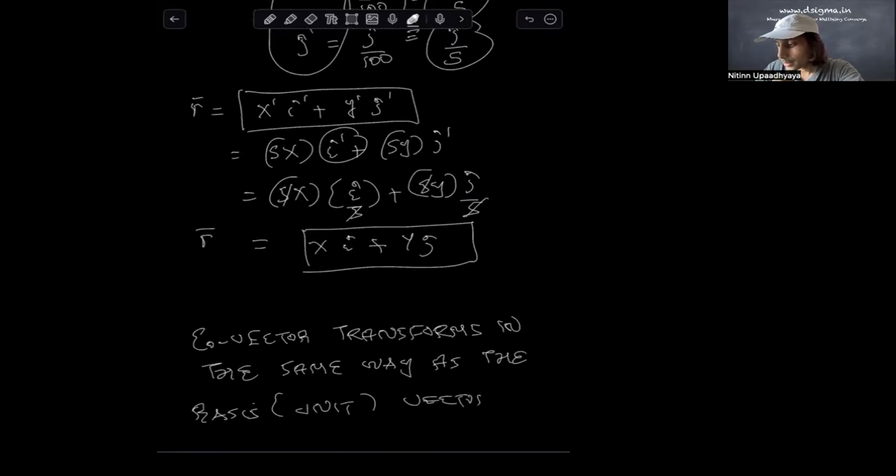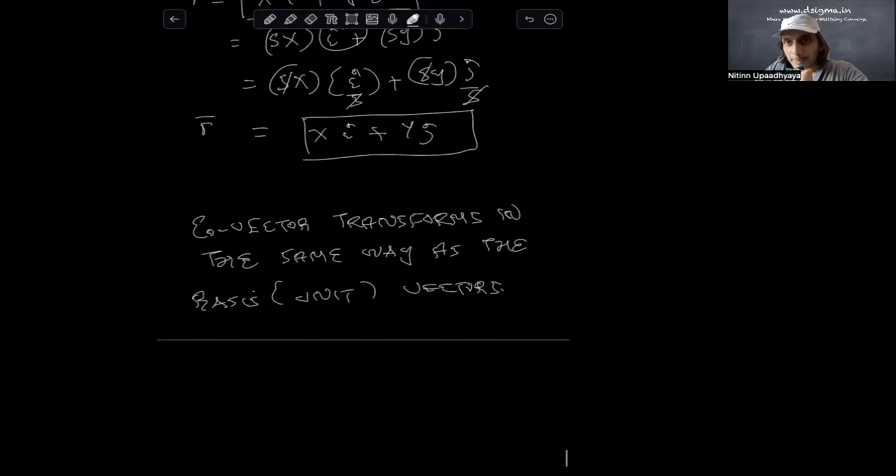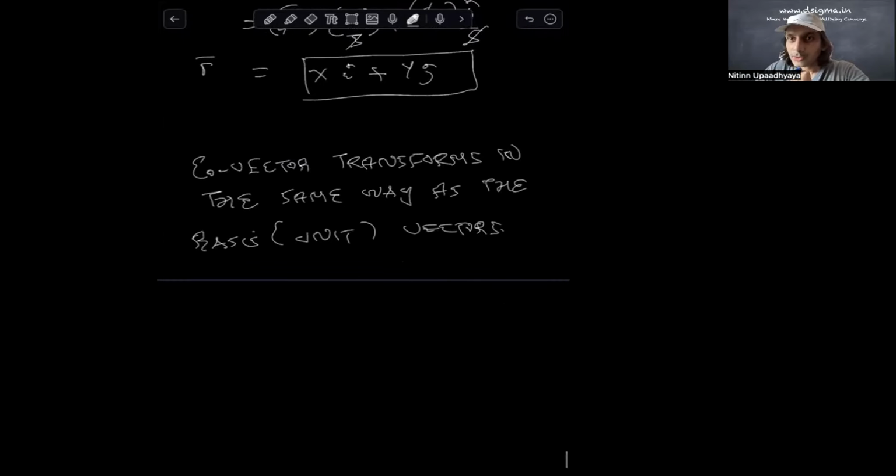Conversely, vectors which transform in a way which is opposite or contradictory to the unit vectors are called contravectors. An example of that is the position vector, which we typically use as the archetypical example of what a vector is. It turns out that position vectors are actually contravectors, because they transform in a way which is contradictory or opposite to that of how basis vectors transform.